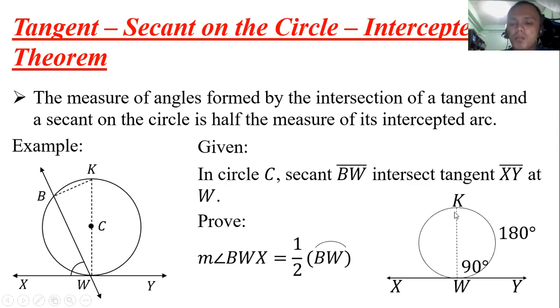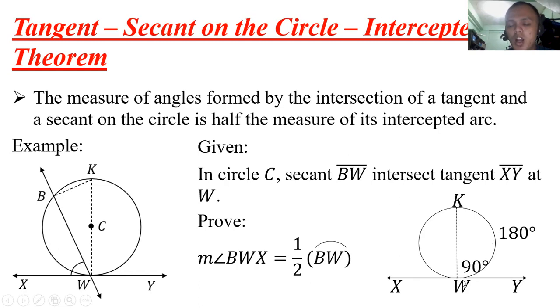Now, remember, yung intercepted arc natin is opposite to its inscribed angle. So yung inscribed angle natin, that is KWY, then yung intercepted arc ng KWY is KW.